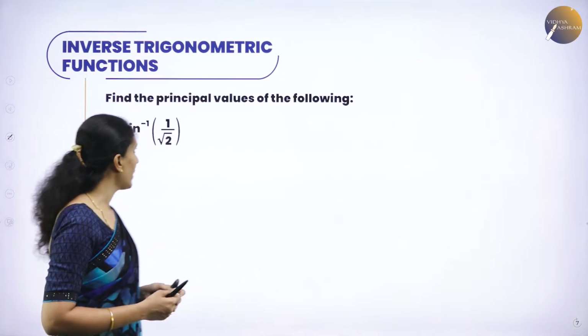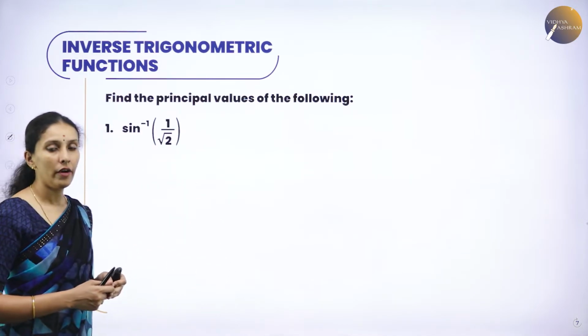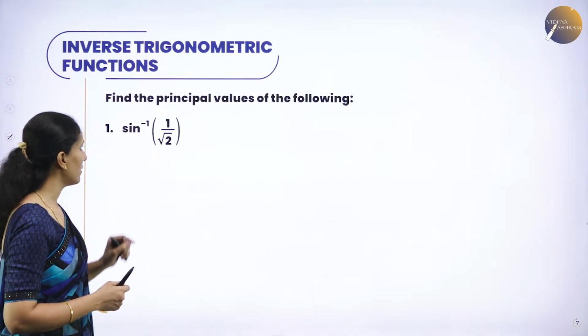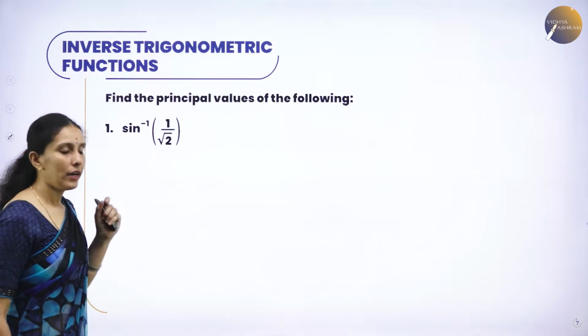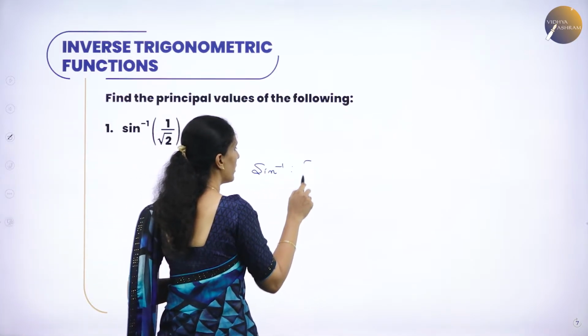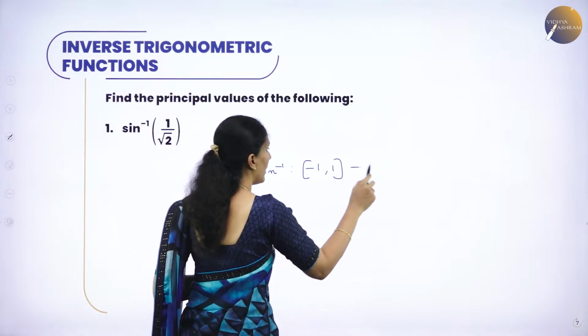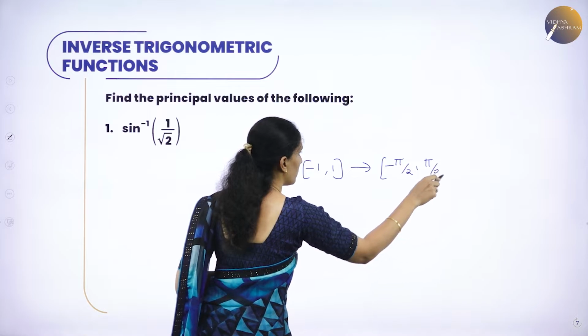See here, we have to find the principal value of the following. We have to write what is the value of sine inverse 1 by root 2. Here we know that the domain of the sine function is from minus 1 to 1 and the range is from minus pi by 2 to plus pi by 2.